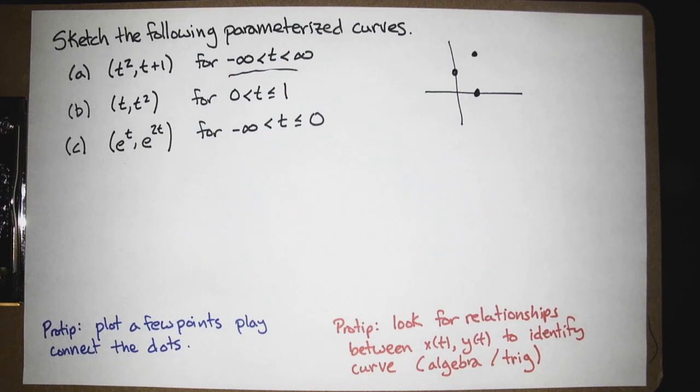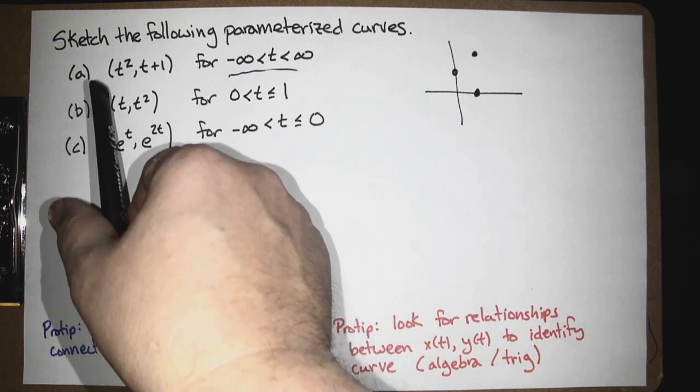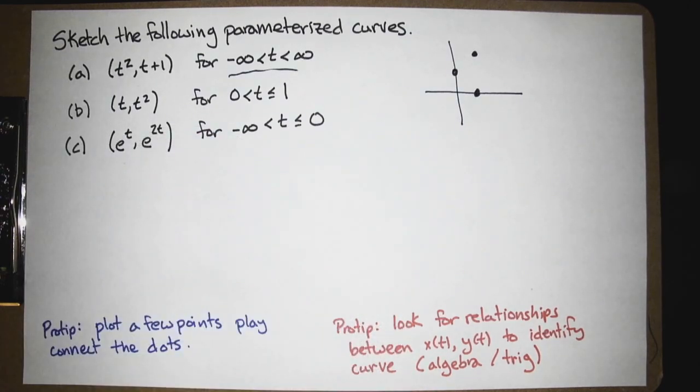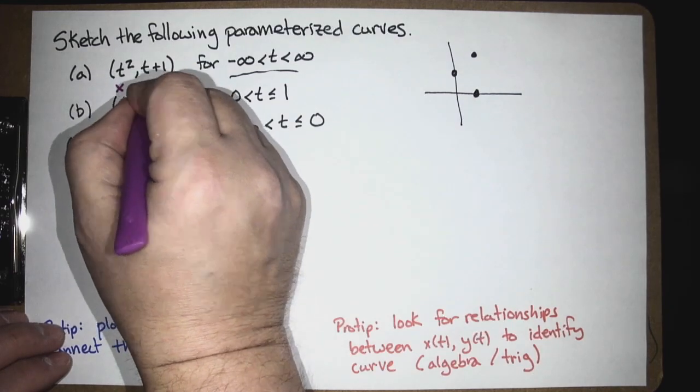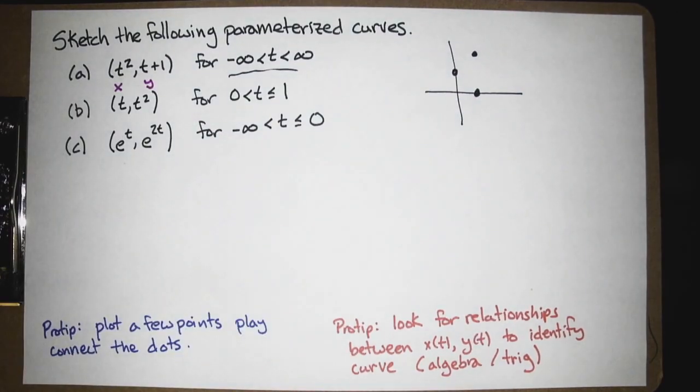Now we could pick a few more points, but there's a second piece of advice. Look for relationships between x and y. So here we're thinking of x as t squared and y as t plus 1. Can we rewrite this so that no t is involved, so that no t's were harmed in the writing of the equation?